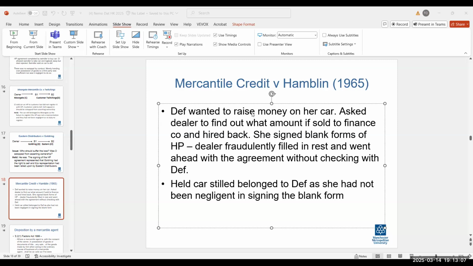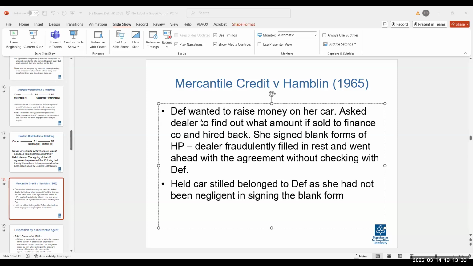So we're looking at this scenario. I think I talked through it yesterday. The defendant wants to raise money for her car. She has the dealer find out. And this case goes to show the length the courts will go to protect the owner's ownership interest. So she signed blank forms, and you would think she's culpable.